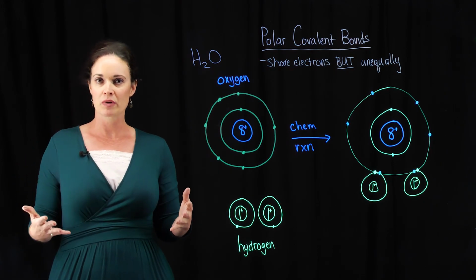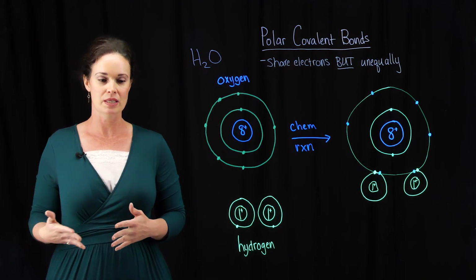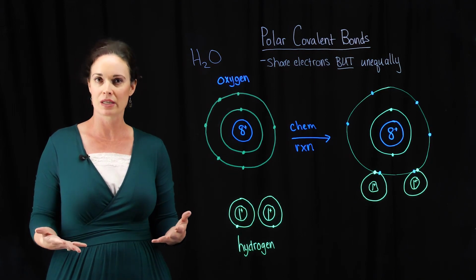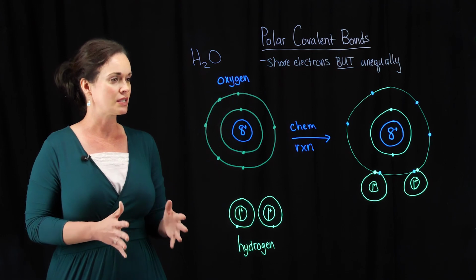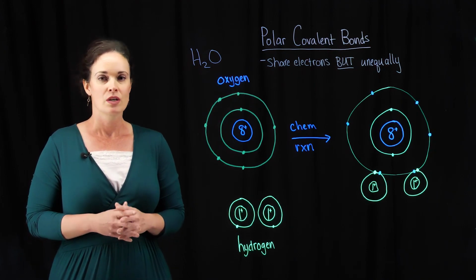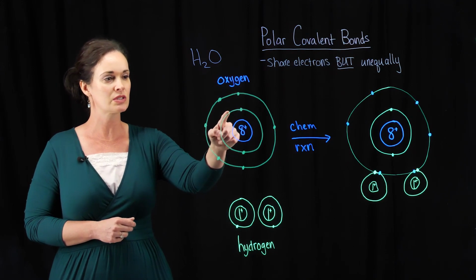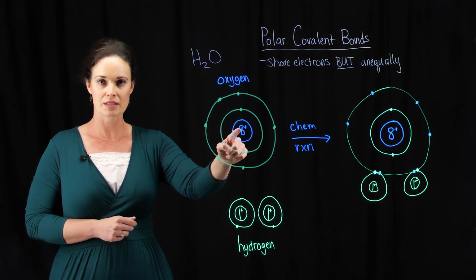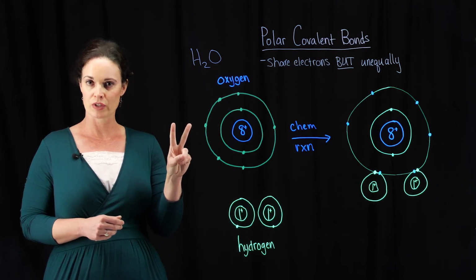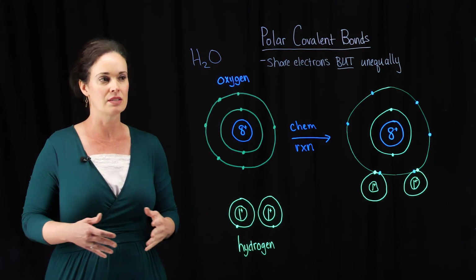So if you guys remember from back when we learned about electron shells and how electrons are actually assigned to these electron shells or atomic orbitals, you learned that the innermost shell, the one that's closest to the nucleus of the atom, can hold a total of 2 electrons. And once it's got 2 electrons, it's full.